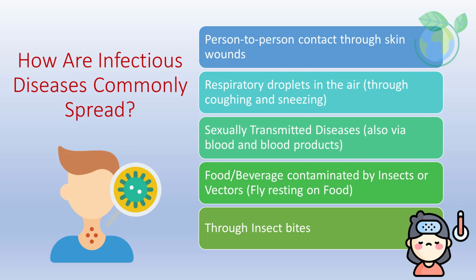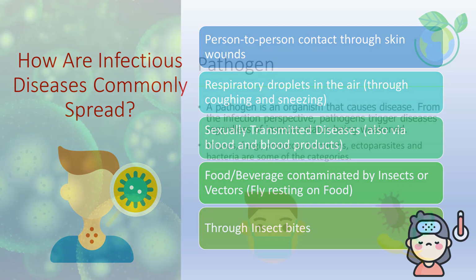Some sexually transmitted infections may also be transmitted through transfusion of blood and blood products, and contaminated needles and syringes.